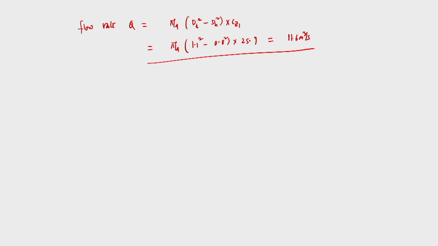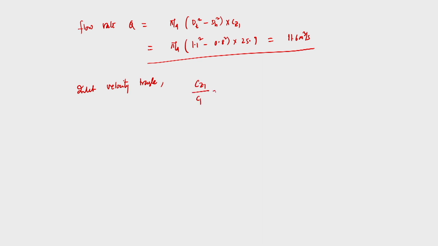Now, we need to calculate a few more quantities, that is torque. To calculate torque, what do we need to know? We need to know the values of C theta 2 and C theta 1, that is very important. So, how can we obtain C theta 2 and C theta 1? Again if we look at the inlet velocity triangle, what can we obtain?